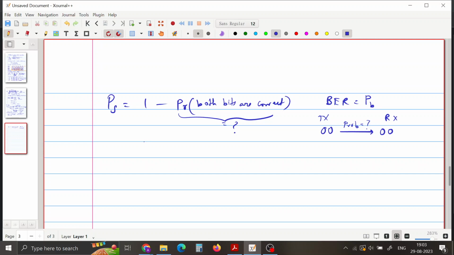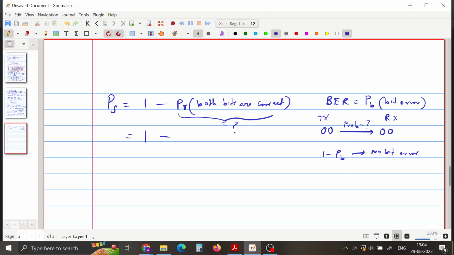So this is basically your 1 minus PB. For the first bit there is no error. This is bit error. So the probability of no bit error would be 1 minus PB, just the complement. There are 2 bits and they are independent.